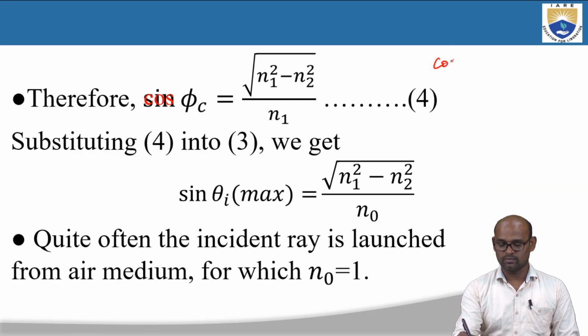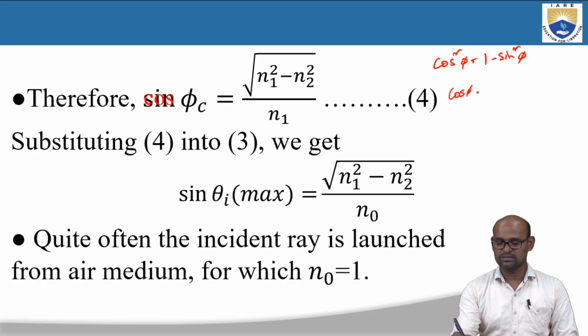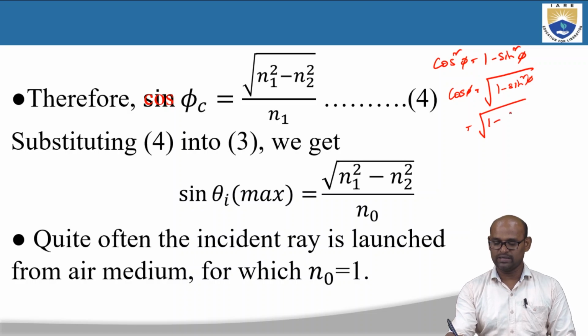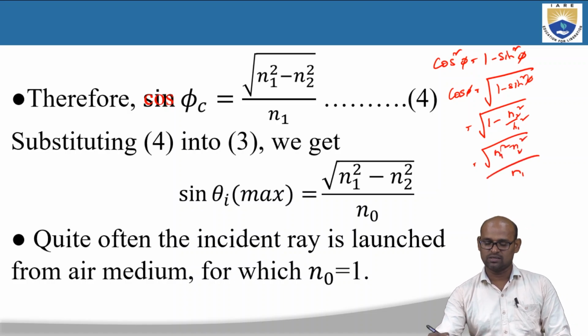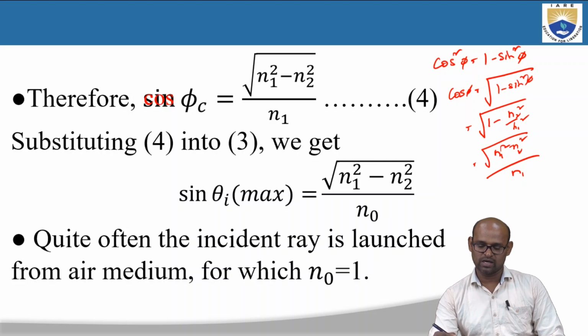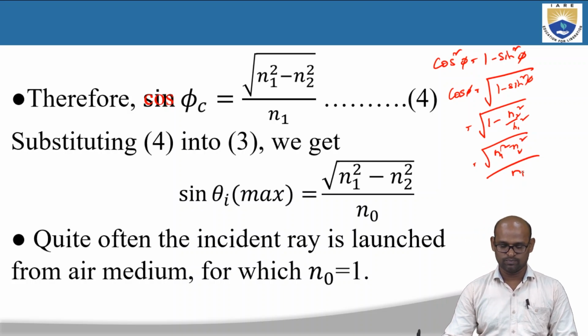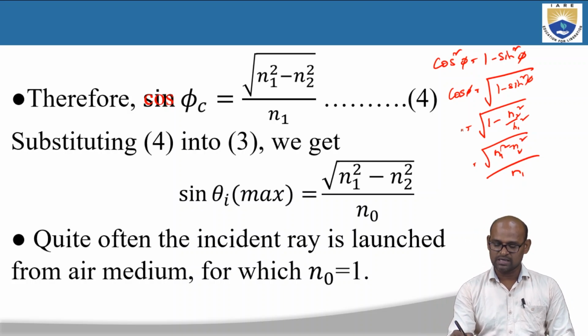Cos square phi is equal to 1 minus sin square phi, or cos phi is equal to square root of 1 minus sin square phi. With sin phi equal to n2 by n1, this is square root of 1 minus n2 square by n1 square, which is equal to square root of n1 square minus n2 square, by n1. I am taking n1 square outside the square root, so that is just n1. Now I know what cos phi is.